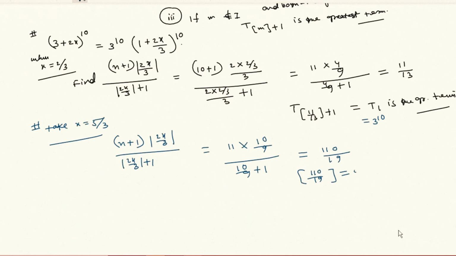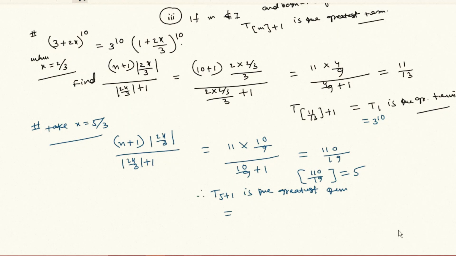This is going to be 5. So therefore, T5 plus 1 is the greatest term. See, it changed. T5 plus 1, this you can find easily.